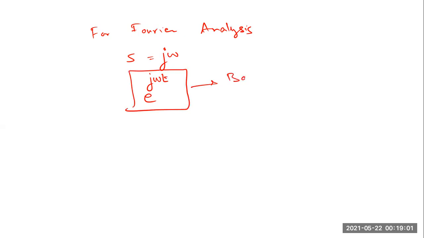So for Fourier analysis, s, which is generally complex, we will assume is purely imaginary. As a result, the basic signal becomes e raised to power j omega t. We are going to use this signal as our basic signal.